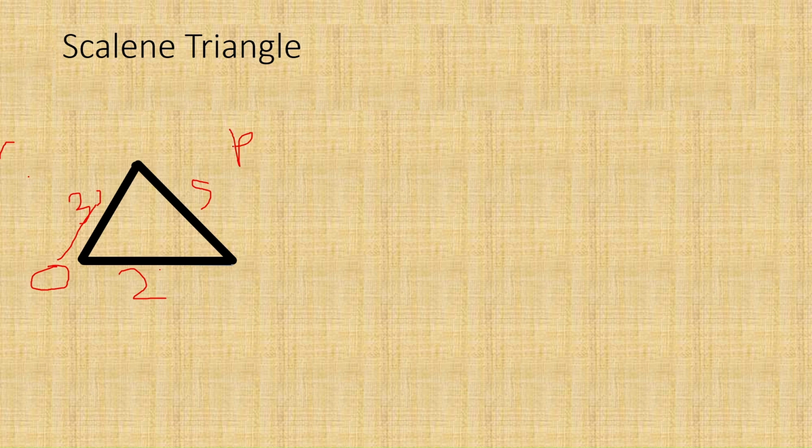So the perimeter is equal to 3 plus 5 plus 2, which gives us 10.